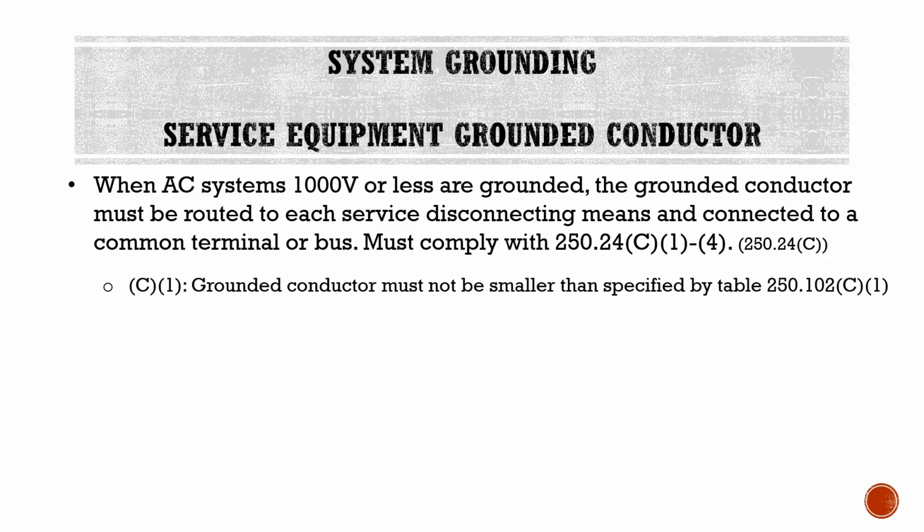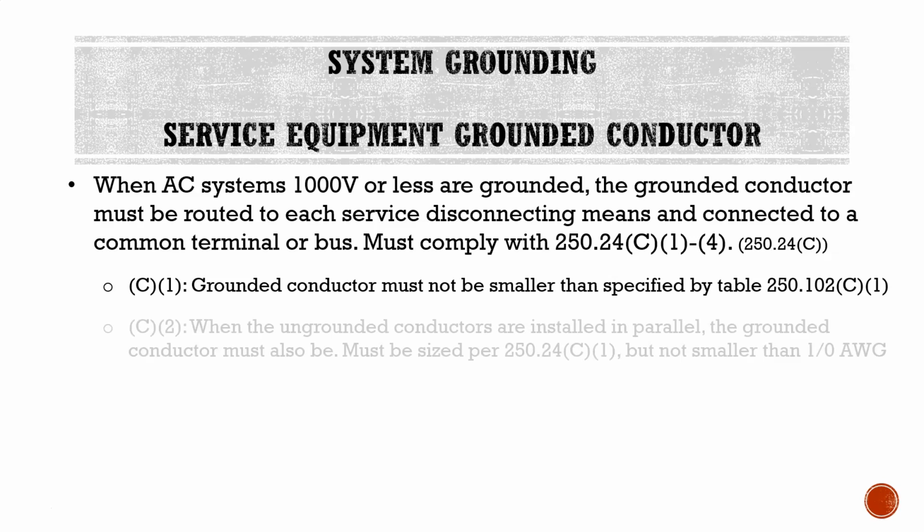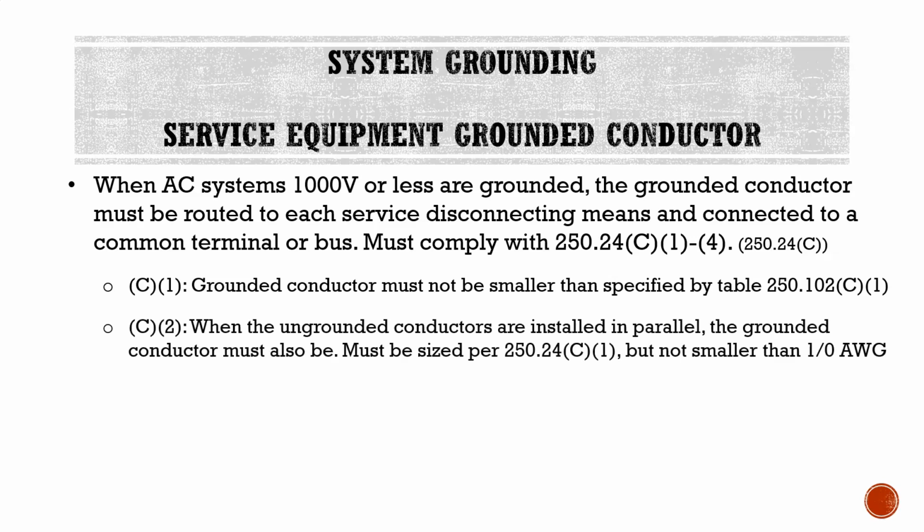C1, the grounded conductor must not be smaller than specified by Table 250.102(C)(1). When the ungrounded conductors are installed in parallel, the grounded conductor must be sized per 250.24(C)(1), but not smaller than 1 aught. That's a very important note to remember, to keep in the back of your mind. Anytime we're talking about a parallel installation, the smallest we can use for a grounded conductor is a 1 aught conductor.